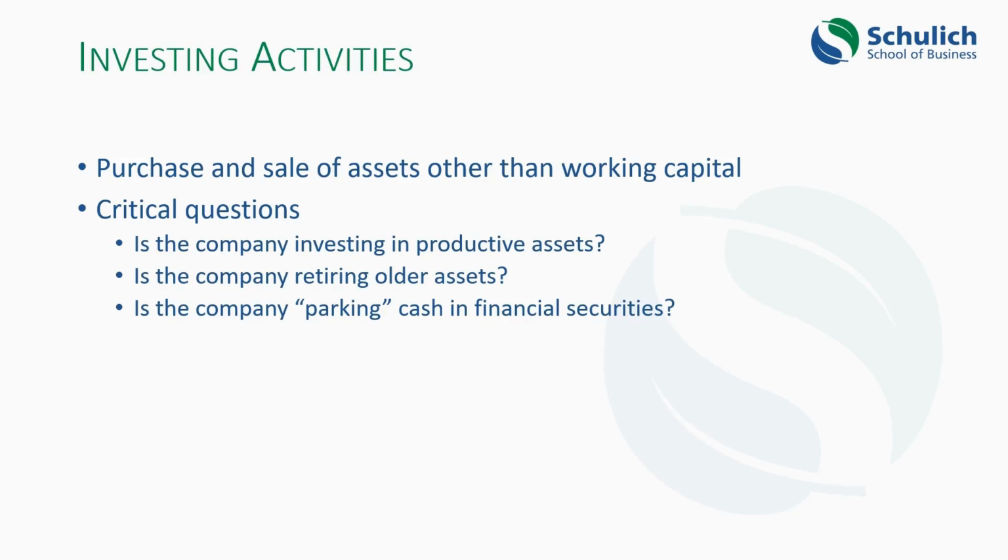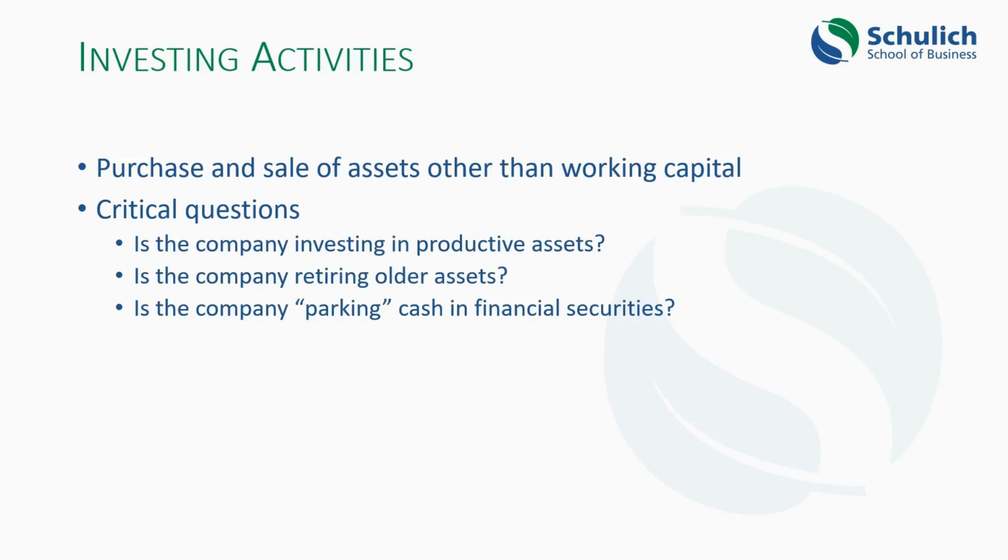Some critical questions that you can begin to ask about this section: is the company investing in productive assets, or are they investing in financial securities as they're parking their excess cash, as we've seen with Apple? The other question, of course, would be if they are investing in productive assets, are they investing enough? And that's a qualitative question that requires some interpretation. You can't simply calculate that.